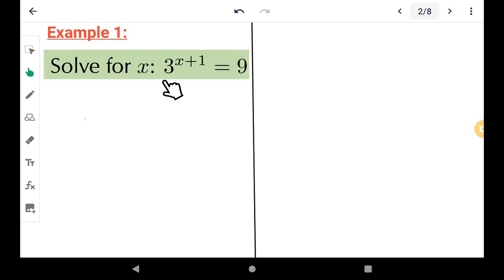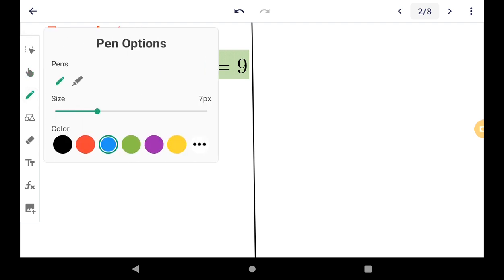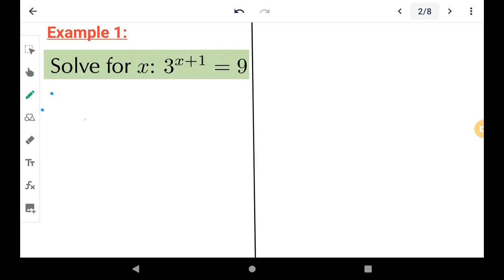The first type of equation you will find is where you've got a power which is equal to a number. So what you do is you express the number on the right hand side as a power with the same base as the power on the left hand side.